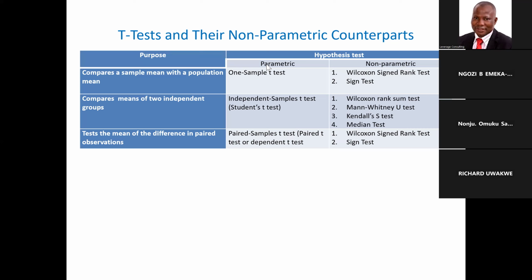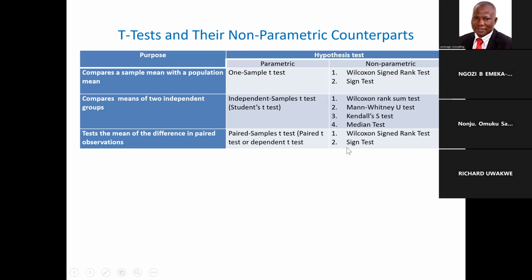While the Wilcoxon rank sum test is what you use for independent samples. You can also use the sign test. So the same condition goes for the paired t-test and the one sample t-test. It's only the independent sample that is different.